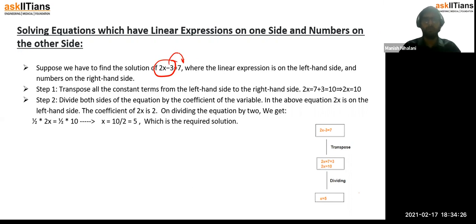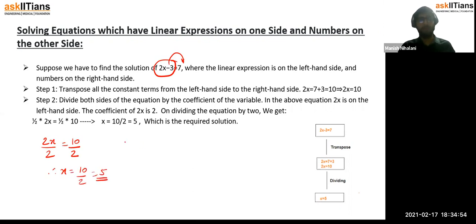Now, step 2 is to divide both sides of the equation by the coefficient of the variable. In the above equation, 2x is on the left hand side, which means the coefficient of x is 2. On dividing the equation by 2, we get 2x divided by 2 is equal to 10 divided by 2. So x is nothing but 10 divided by 2, which is just 5.